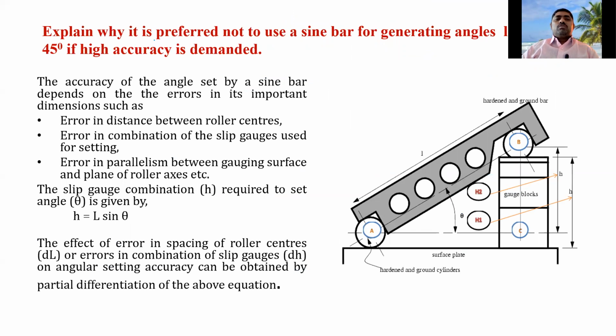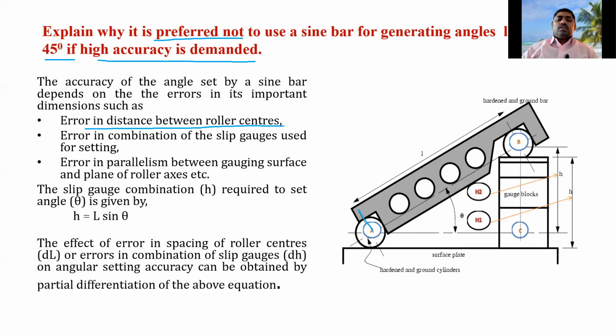So why are sine bars not preferred for measuring angles larger than 45 degree when high accuracy is demanded? The accuracy of the angle set by the sine bar depends upon the errors in its important dimensions. One important dimension is error in the distance between the roller centers.